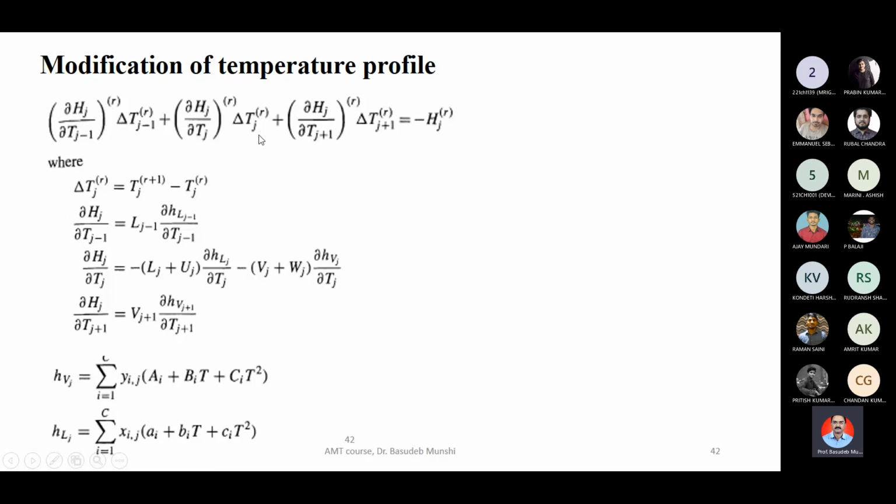So you only have delta T1 and delta T2. For other stages, you have 3 terms: for j equal to 2, delta T1, delta T2, delta T3, and so on. For the nth stage, you will get n plus 1, which is outside of the domain, so you have to omit this term. So you will get 2 terms, n minus 1 and n. So you understand that there is scope for formation of a tridiagonal matrix.